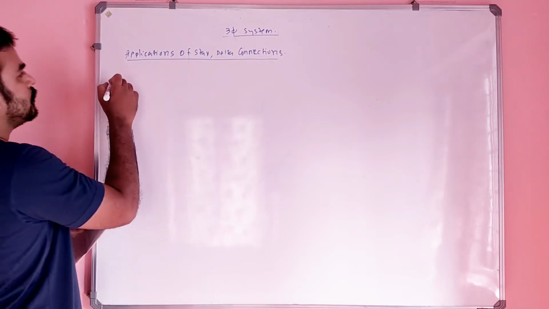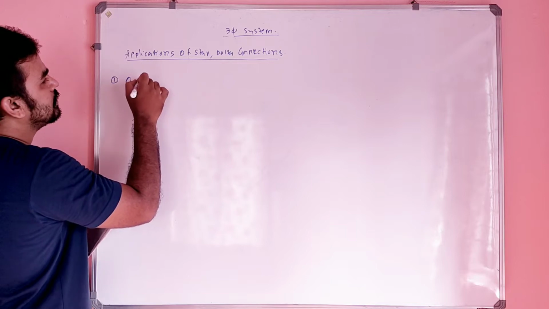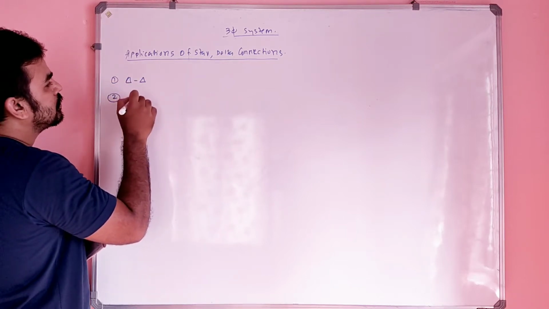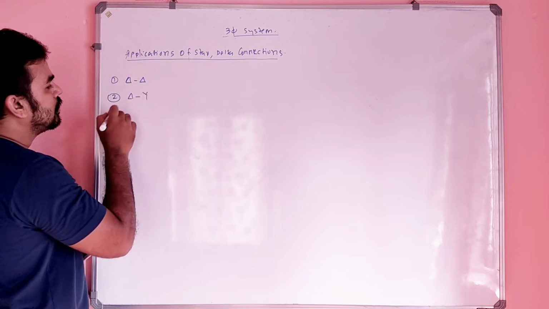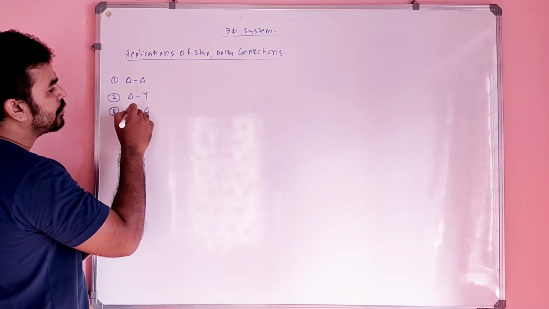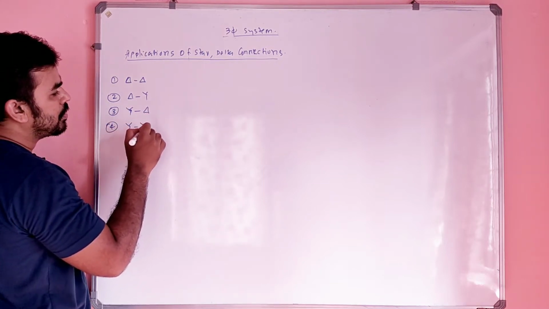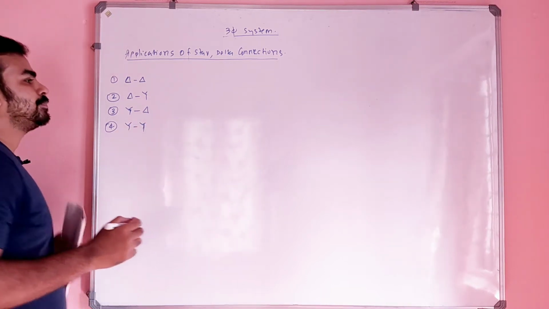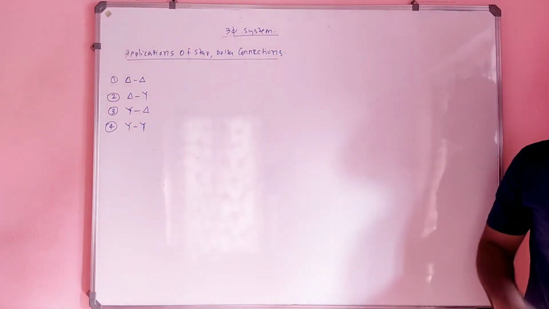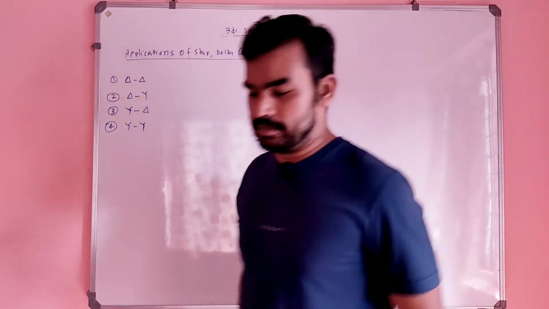Okay. So there are 4 possibilities in which we can use the star and delta connections together.